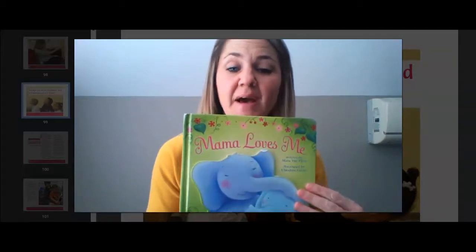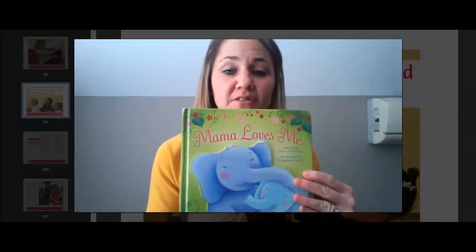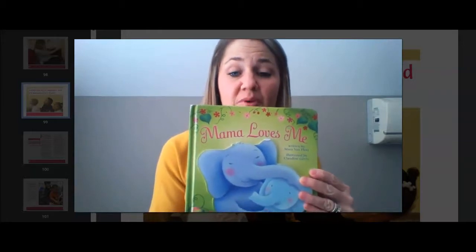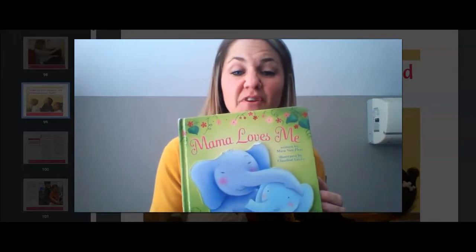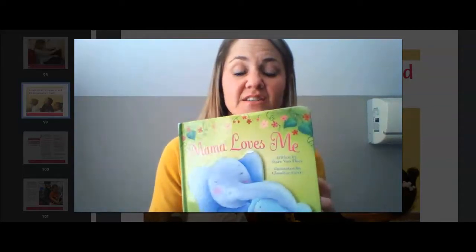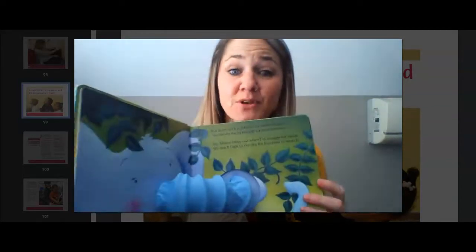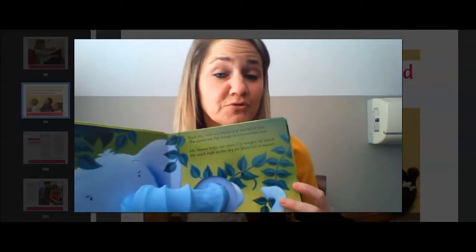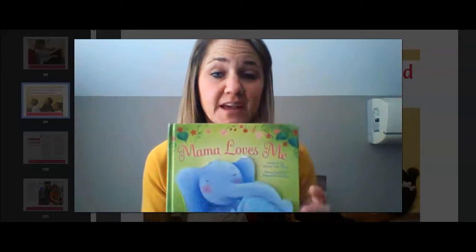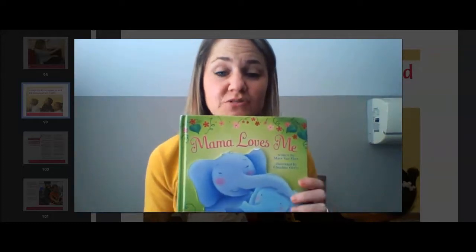When you go to the reading area and look at the book, think about whether you recognize some of the fun things this elephant does with his mama, and maybe you do some of those fun things with your family members too. When you do that, be sure to find me and tell me about some of the fun things you noticed about this book.